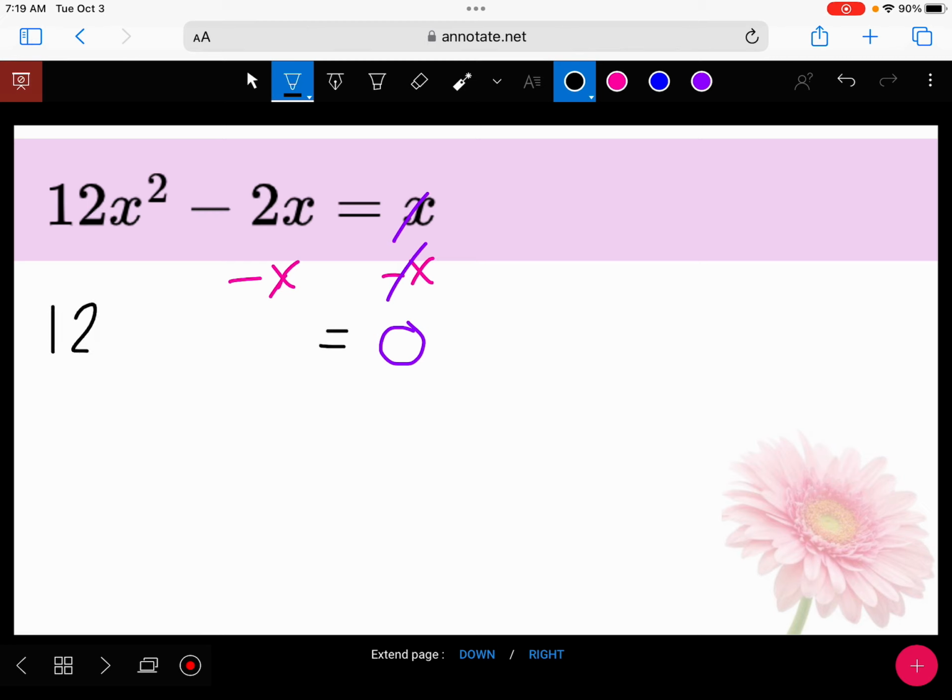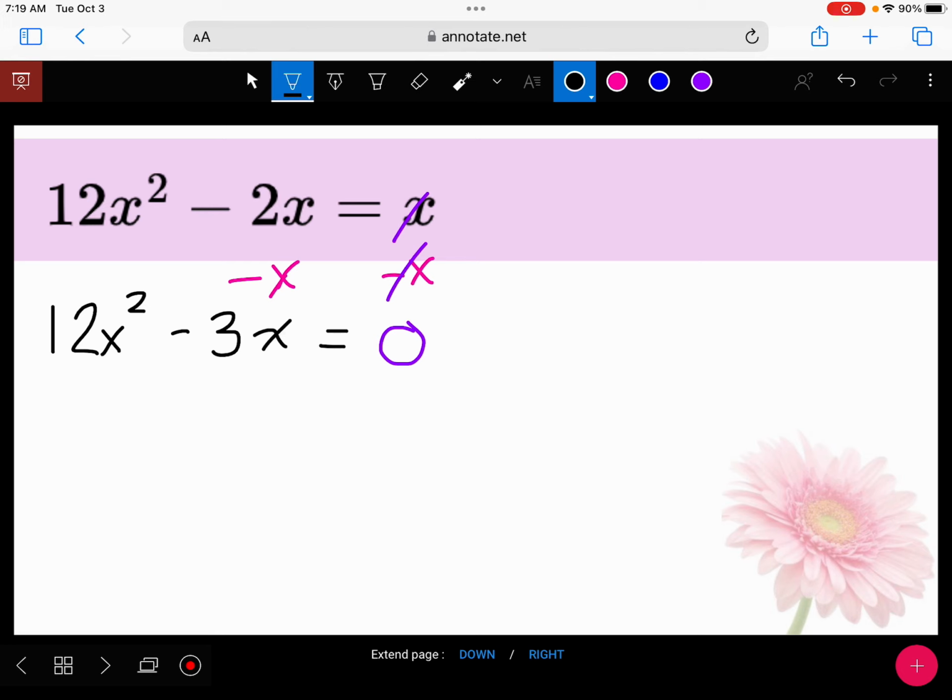My 12x squared doesn't change. And I have minus 2x minus x, which is minus 3x. All right? So then what we're going to do is try and factor out a GCF.